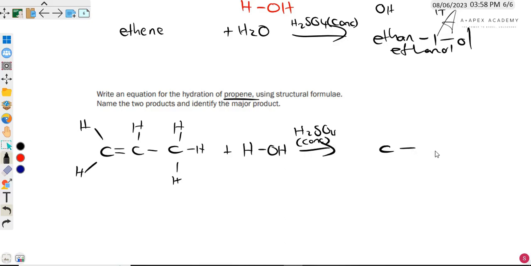First things first, let us break the bonds. When we break the bonds, this one had 2, this one had 1, this had 3. Now we have 2 floating bonds, which is that and that. Now, according to Markovnikov's rule, on these free floating bonds, the one with more hydrogen atoms receives another hydrogen atom.